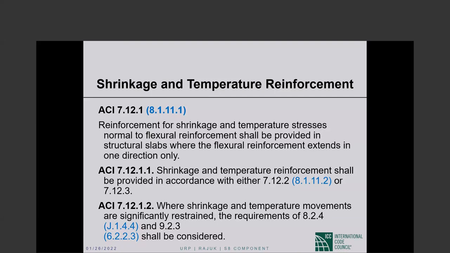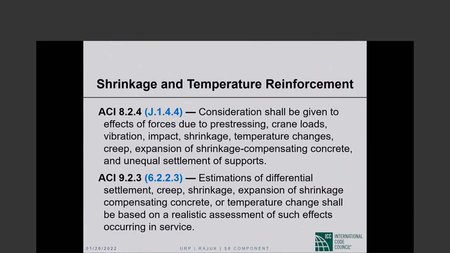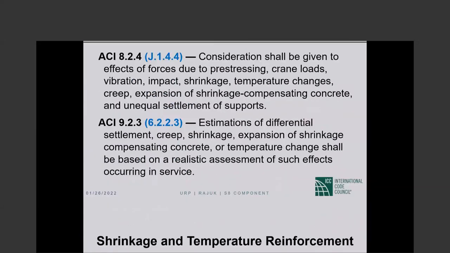If the shrinkage is restrained from taking place, then you have to consider the forces that will be caused by that restraint. And I said forces in a general sense. So consideration shall be given to effects of forces due to pre-stressing, crane loads, vibration, impact, shrinkage, etc. Estimation of differential settlement.